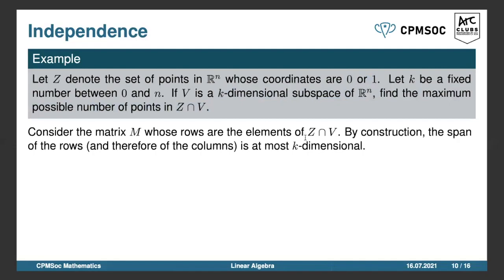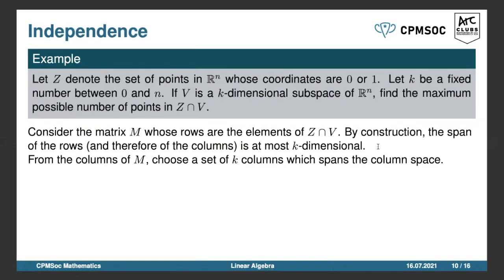So we can put all these different elements in the set in a matrix. And because this subspace is k-dimensional, the span of the elements of the intersection is going to be at most k-dimensional.